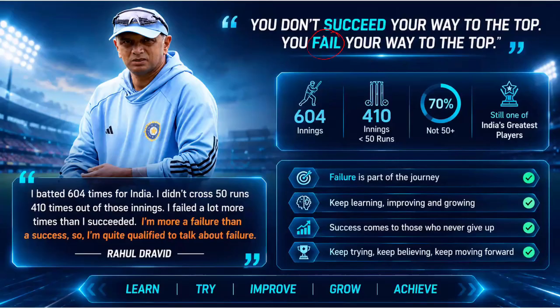Take the example of Rahul Dravid, one of the greatest and most respected cricketers, right? He once shared that in around 604 innings, he was out for less than 50 runs in 410 innings. This means he didn't reach a half century in nearly 70% of the innings. Yet today he is remembered as one of the finest batsmen in cricket history.